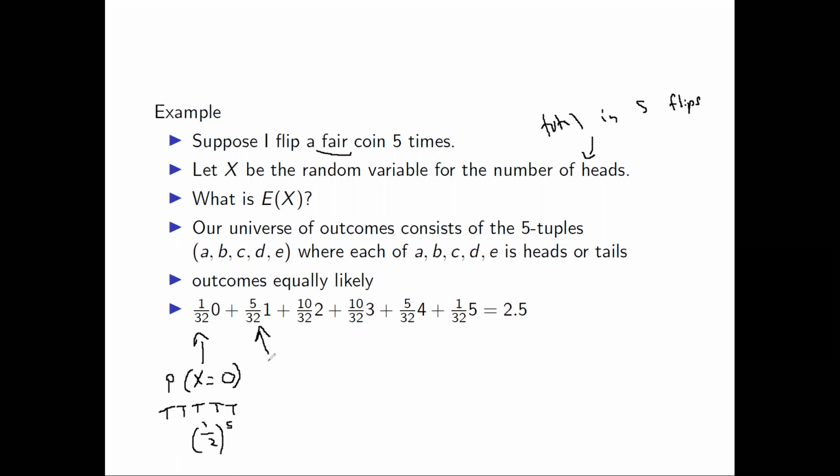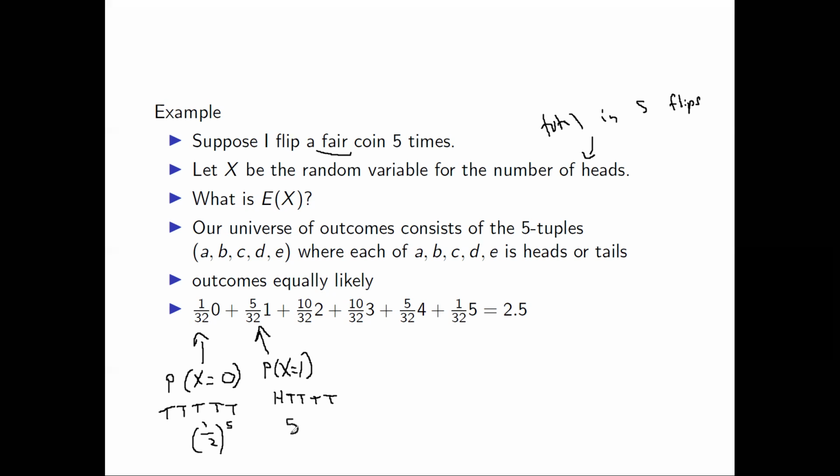That 5 over 32, that's going to be the probability that X equals 1. And we can look at that. We can see that X equals 1. One of the sequences is H, T, T, T, T. And there's a total of 5 ways to permute the letters in that sequence because the H can be anywhere in there.